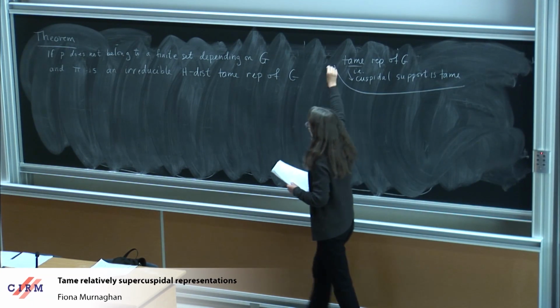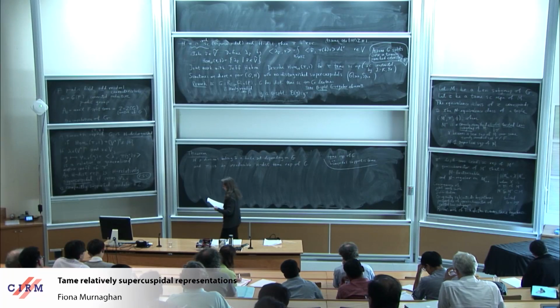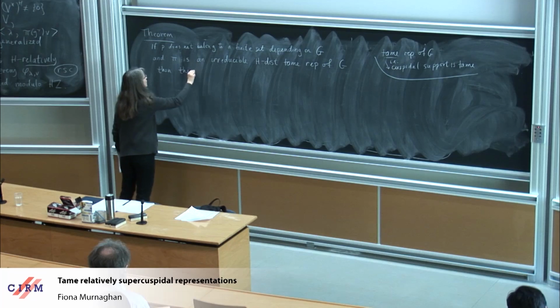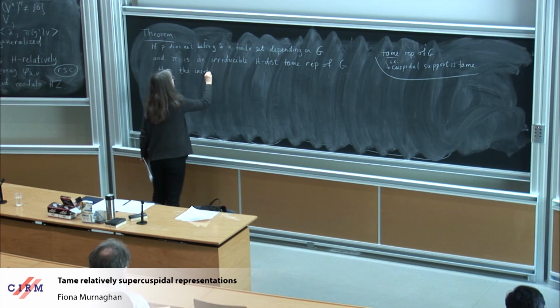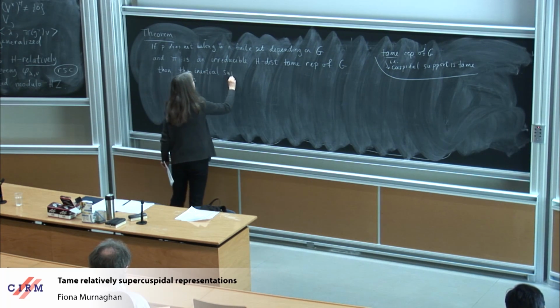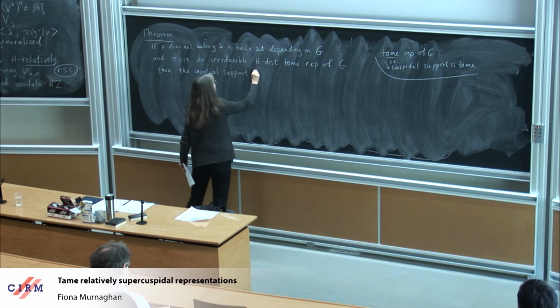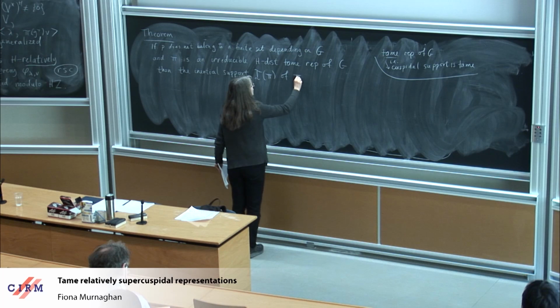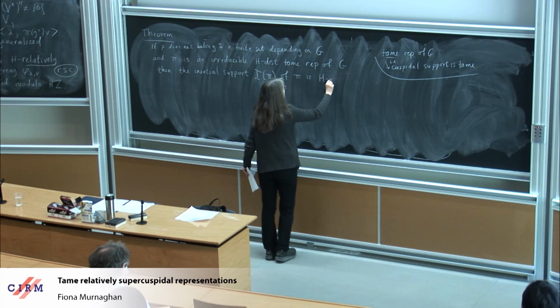Okay, so that's what I mean by a tame representation. Then actually its inertial support is H-distinguished.